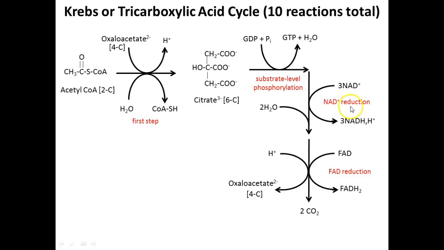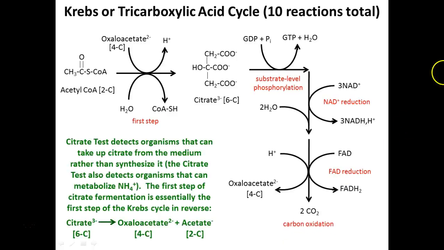So these guys are reduced. They've grabbed electrons, right? They're going to travel to the electron transport chain. So one note, one of the things we're going to look at next week is a citrate test. This detects whether your organism can take up citrate from the media. Not whether it can make citrate, whether it can take citrate from the media and utilize that.